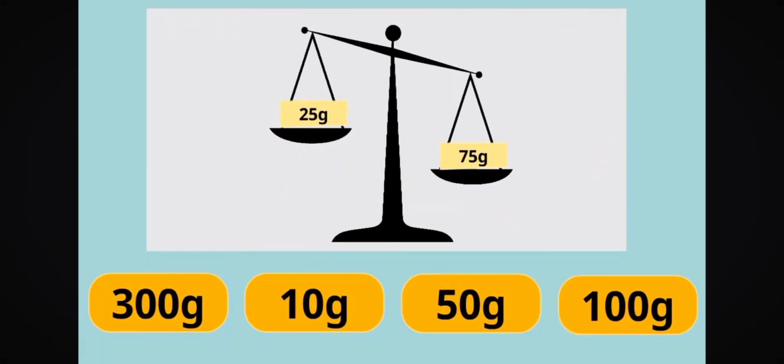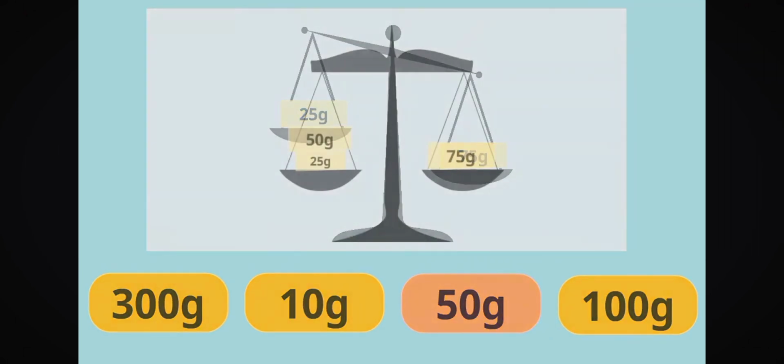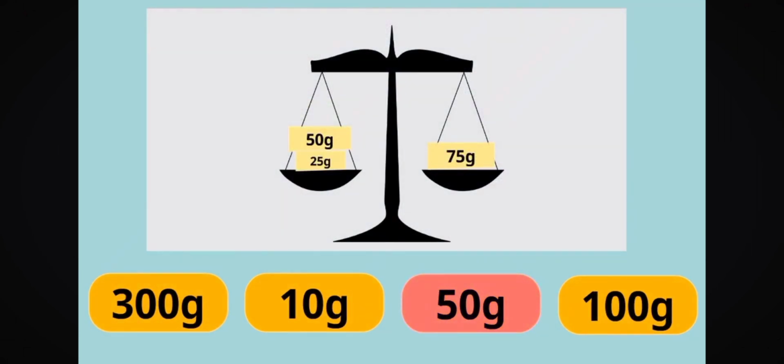Let's try another one. On your right hand side, we have the desired amount of 75 grams. However, we only have 25 on our left. What is the amount of weight we would need to add to have an equal scaled balance? That's correct. We'll need to add 50 grams to make the scale equal. Let's try another one.